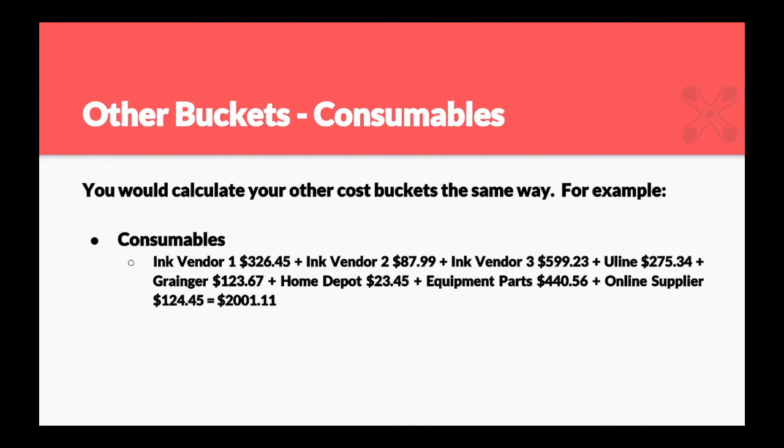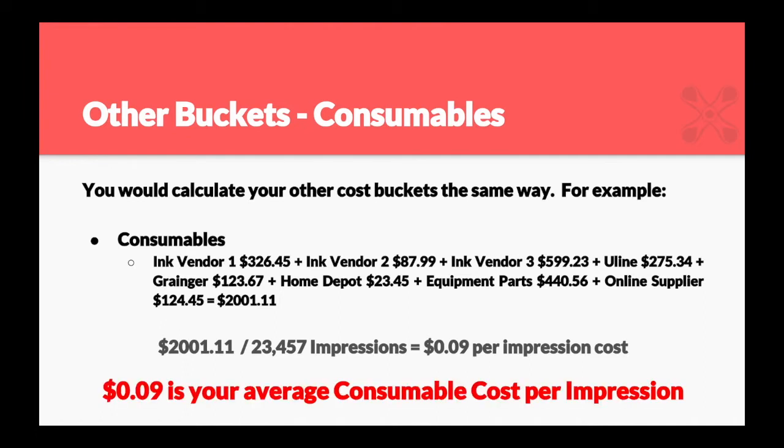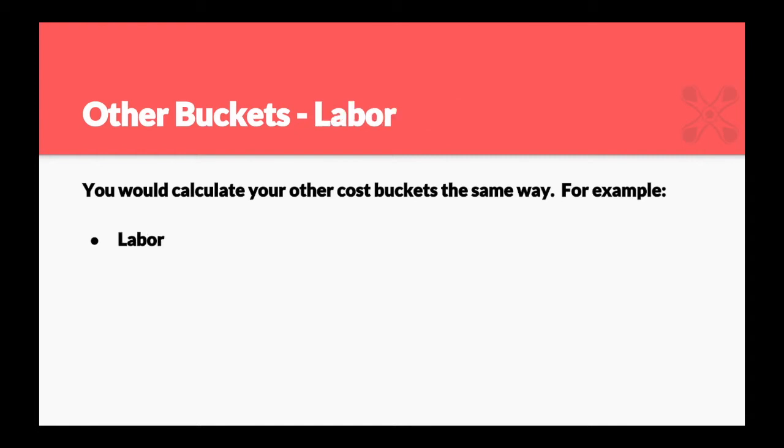You went to Home Depot and bought some citrus cleaner to use on your press. Maybe you ordered some parts from your equipment vendor, and then you ordered some stuff from Amazon. And so for this particular month, you spent $2,001.11. Okay? Using the same number of impressions, your cost per impression for consumables would be 9 cents. So you got 8 cents in overhead and 9 cents in consumables.